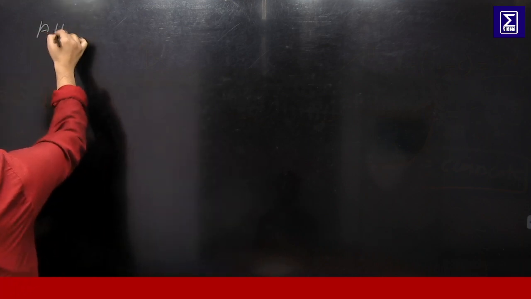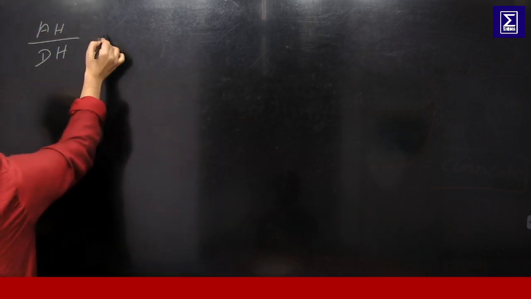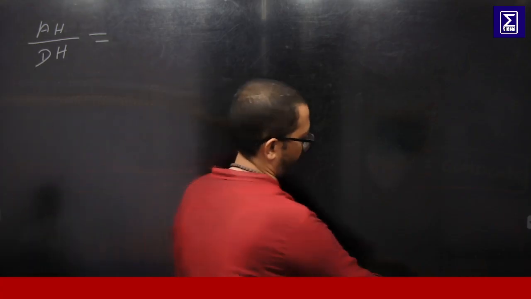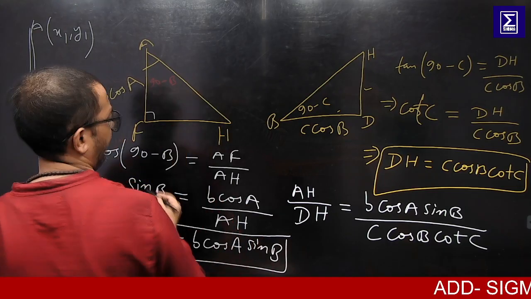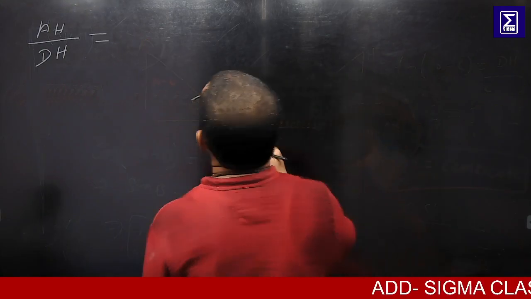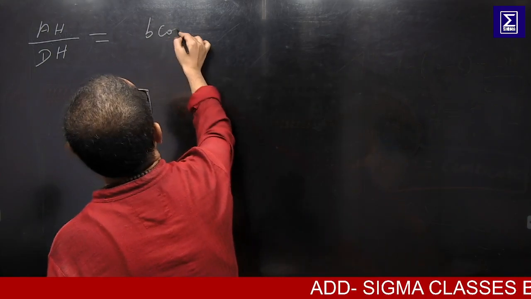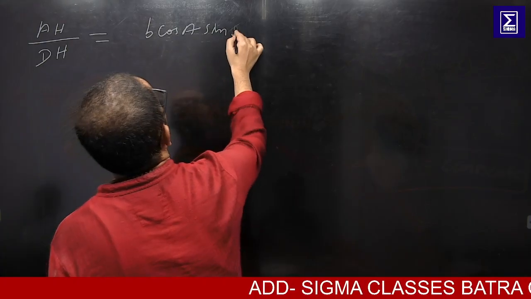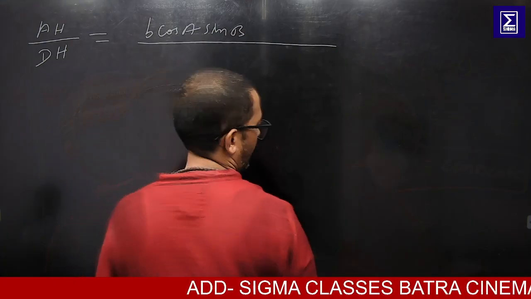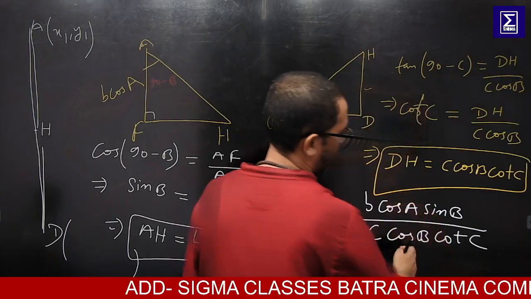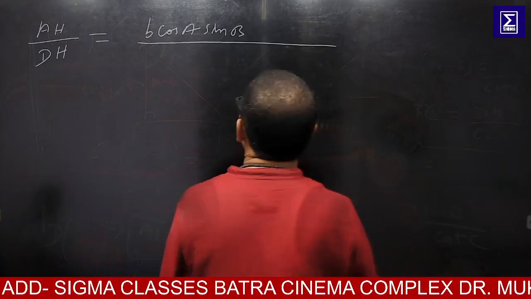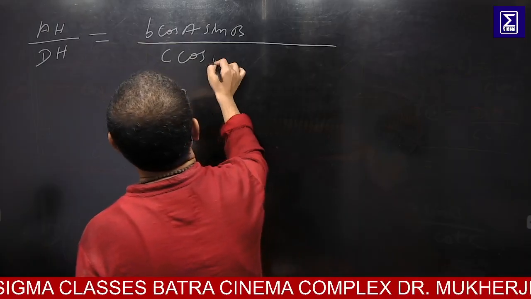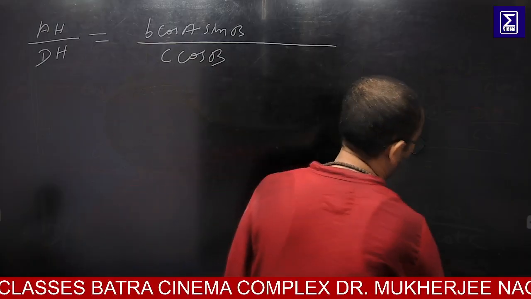So AH upon DH is equal to b cos A sin B upon c cos B cot C. And what is this cot C?